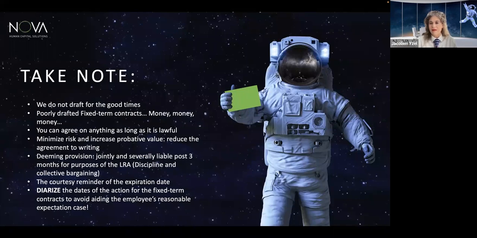So let's say, for example, you don't even know how long it's going to take to build 3 more dams in South Africa. Still, you'll specify, I'm employing you to build 3 new dams in South Africa, and the contract will come to an end when we conclude the project. So if we follow the law now, there will be an end, either when the project ends or when the timeline ends.